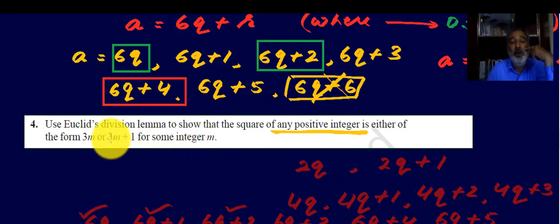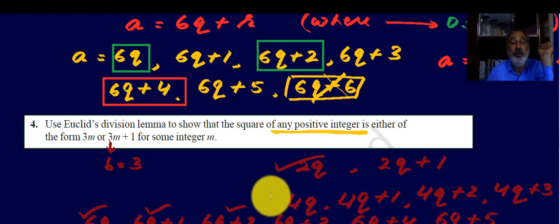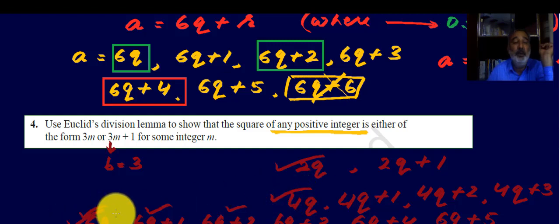Now let's look at some more interesting aspects of these. स्क्वायर में ये 3 आना है, so I have to take b equal to 3. In earlier cases I have taken b as 2, b as 4 and b as 6.